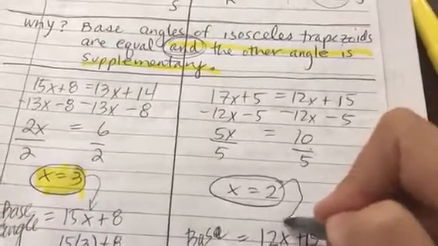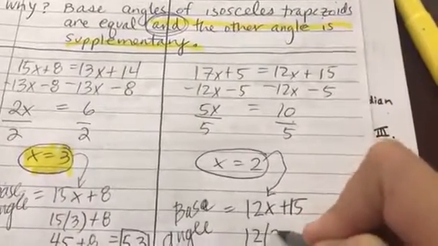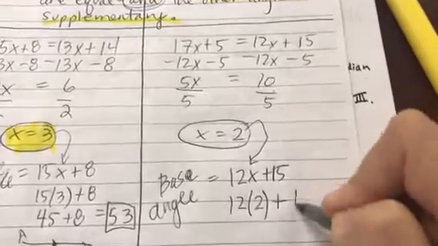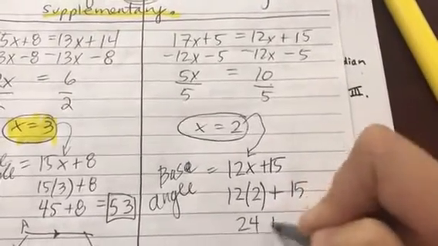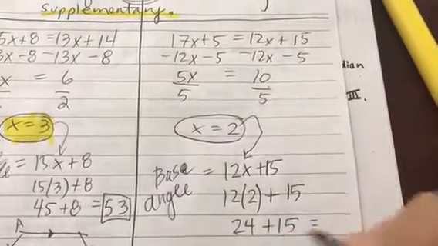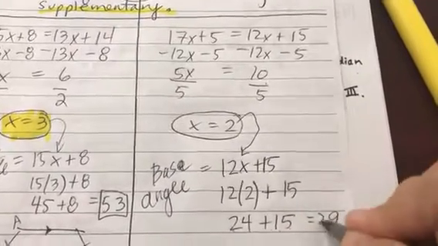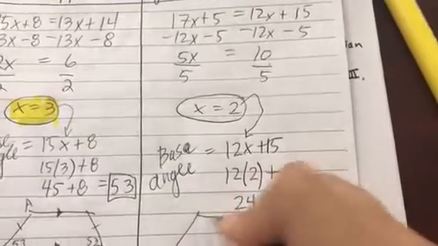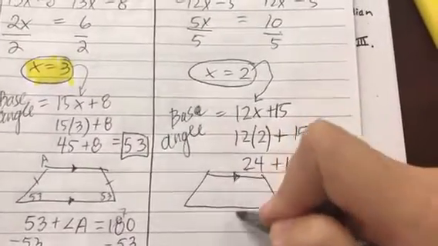When I plug this back in, I get 12 times 2 plus 15 makes 24 plus 15. So that would be 39. So I'm going to redraw my trapezoid here, knowing these are parallel.